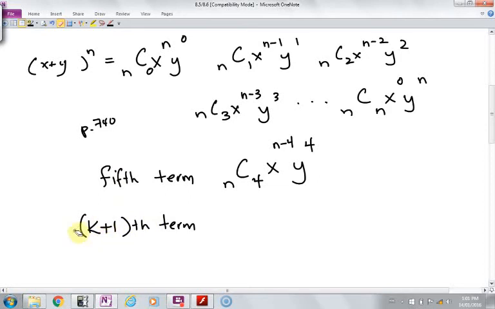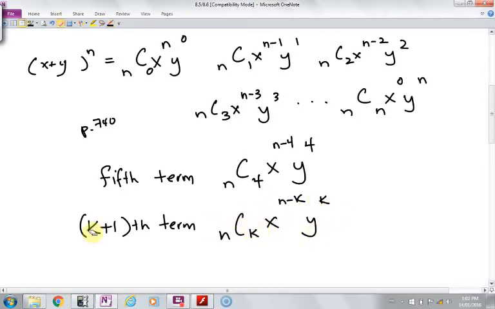Okay, and we're using that so that over here, I can do n choose k, because k has to be 1 less than whatever the term number I'm dealing with. So if k plus 1, then 1 less than that is k. And we're going to have x to the power of n minus k, y to the power of k. Okay, and that's what it says on your formula sheet.